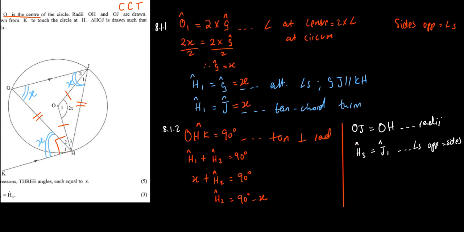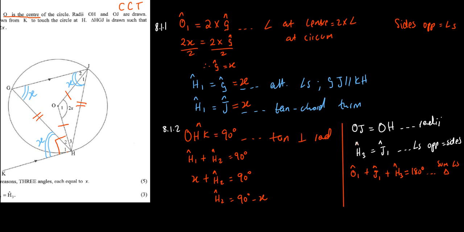Now, actually, what would we get if we add angle O1 plus angle J1 plus angle H3? 180. What is our reason? Sum of angles in a triangle.